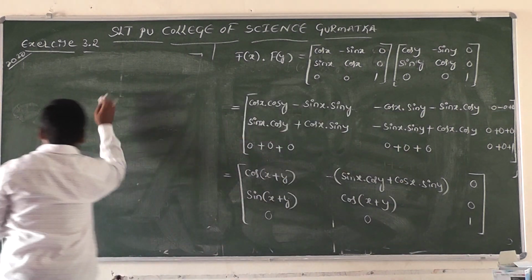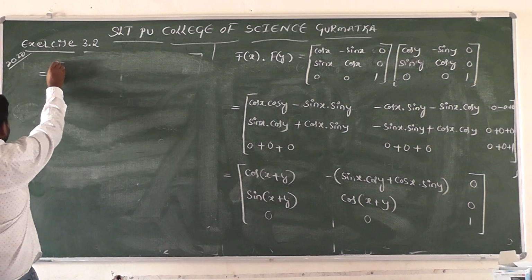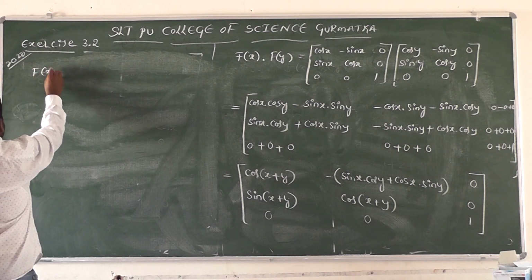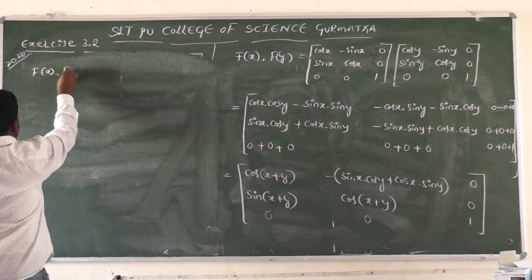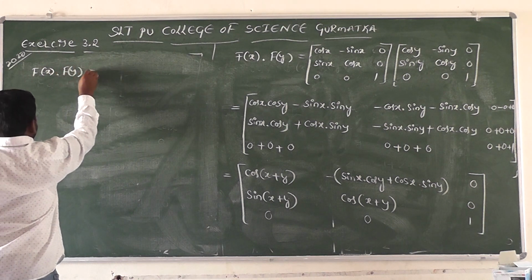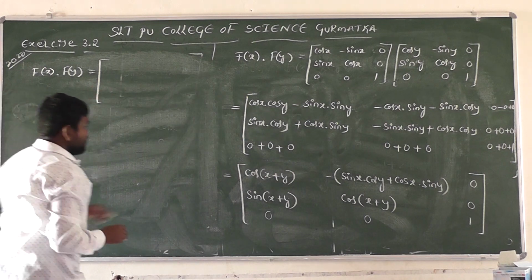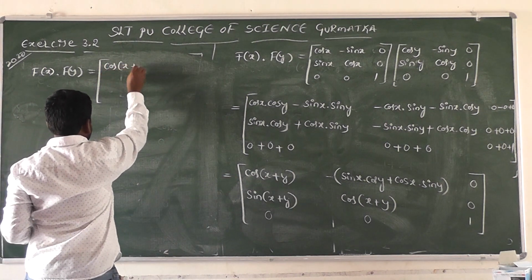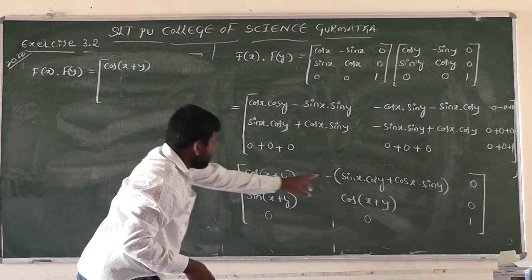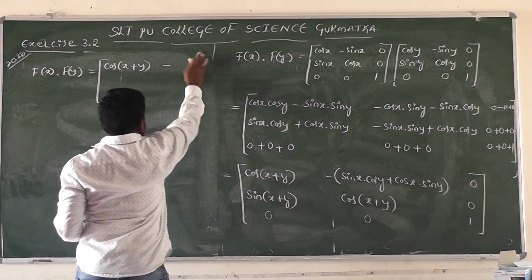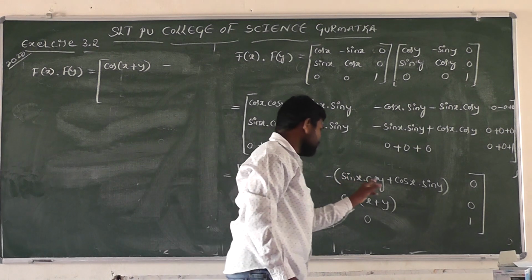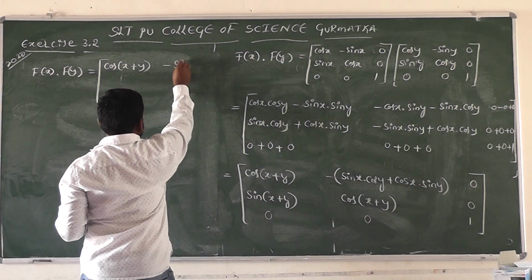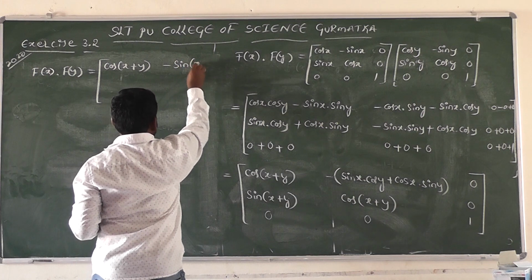Right? And next one is finally here, f of x into f of y is equal to, is the term here, cos x plus y. And next one, this minus kept as it is here. That is the formula here, sin x cos y plus cos x sin y. It is nothing but what here? Minus, you have to write as sin x plus y.